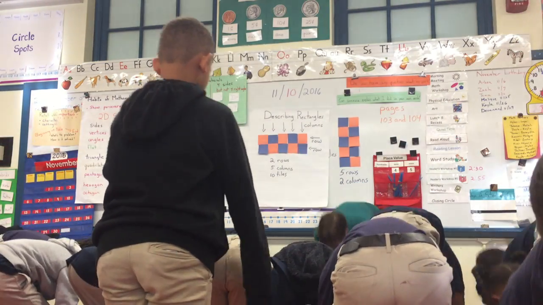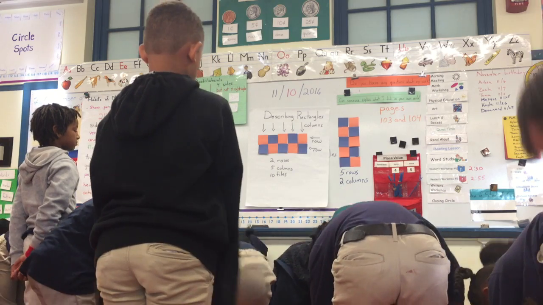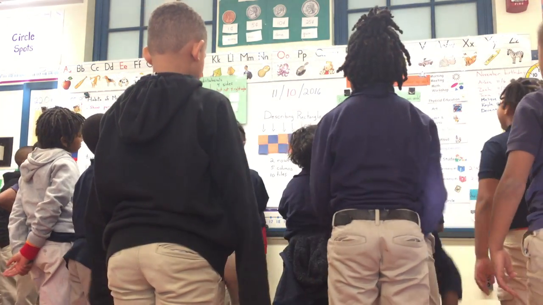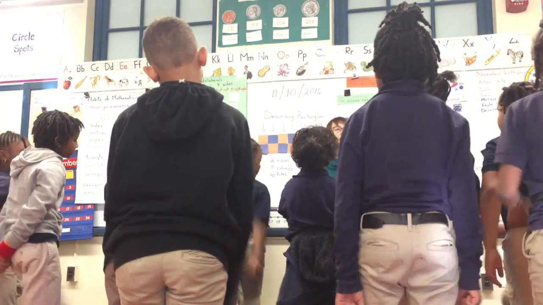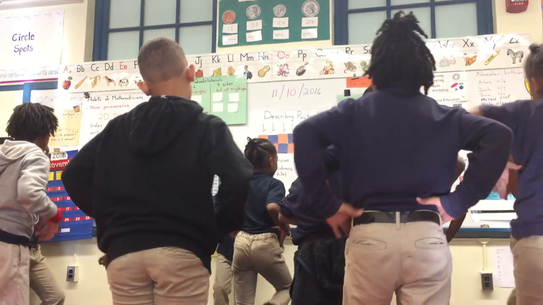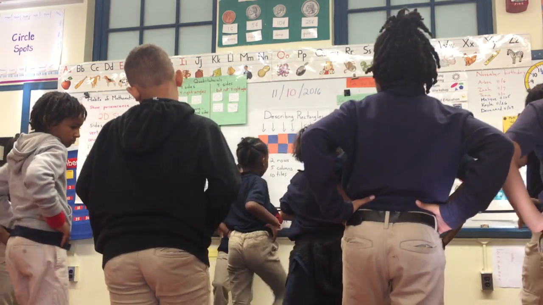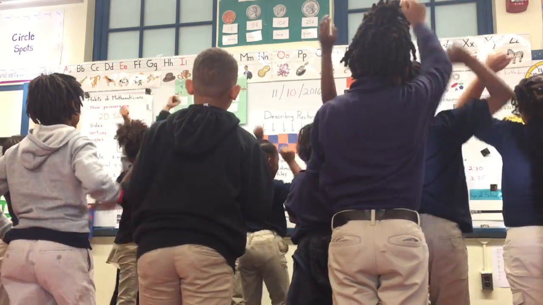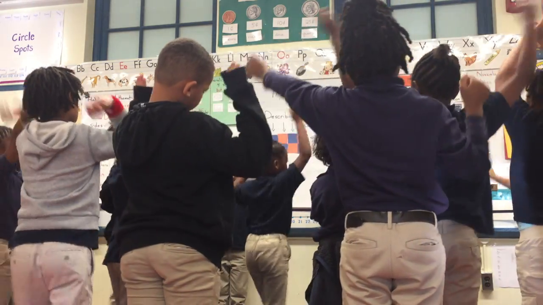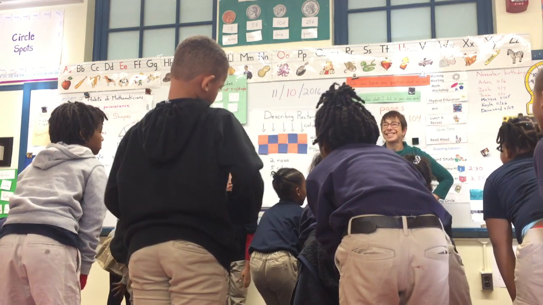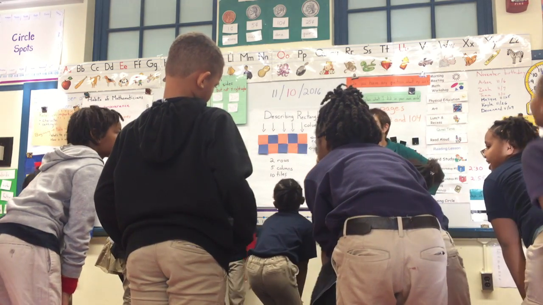1, 2, 3, 4, 5, 6, 7, 8, 9, 10. Hey, Simon says to march. Simon says hands on your waist and keep marching. Simon says hands up to the sky. Simon says hands on your knees. Hands on your waist. Go. Okay.